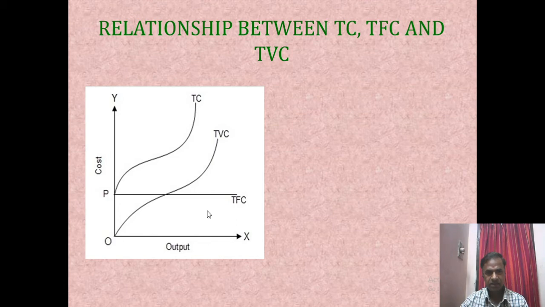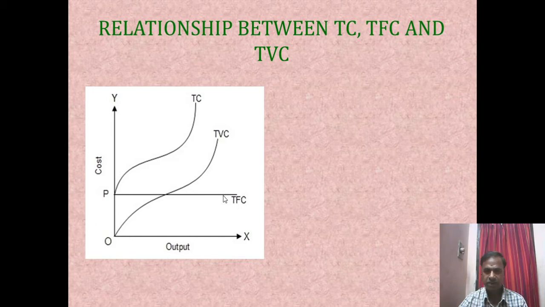Even at an increased level of output, the TFC is the same, because TFC is the cost which does not change with the level of output. It will remain the same at zero level of output also. Even if you stop the production, you have to pay the TFC.